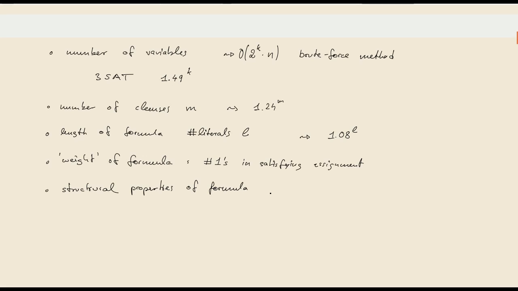And you can use any kind of measures on this graph as a parameter for the formula. It's a bit unclear whether this helps in solving the SAT problem or not, but it's a thinkable parameter.